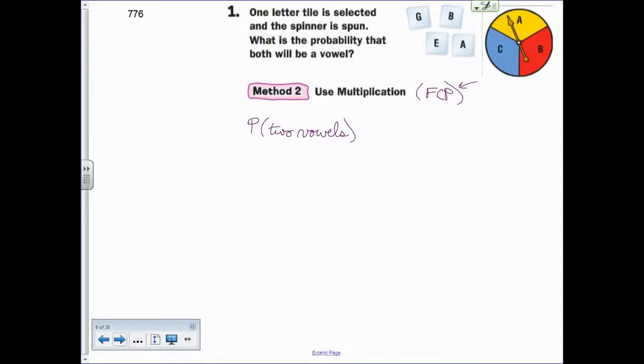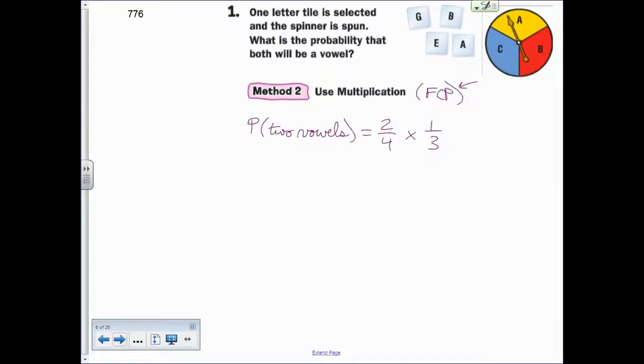Well, 2 of the tiles have vowels, and there are 4 tiles. So 2 out of 4 possibility of getting a vowel from the tiles. When we look at the spinner, only 1 of those is a vowel out of the 3 spaces on the spinner. So there is a 1 in 3 chance of spinning a vowel.